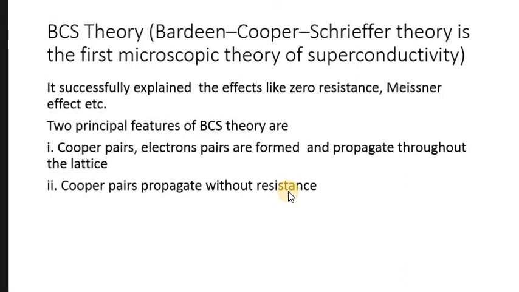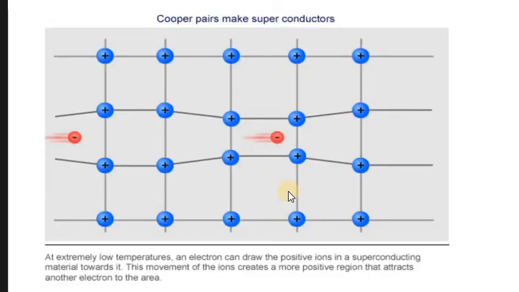This is the first microscopic theory of superconductivity, and it successfully explained effects like zero resistance, the Meissner effect, etc. The two principal features of BCS theory are: first, Cooper pairs, meaning electron pairs are formed and propagate throughout the lattice, where a Cooper pair is an electron-electron pair; and second, Cooper pairs propagate without resistance.